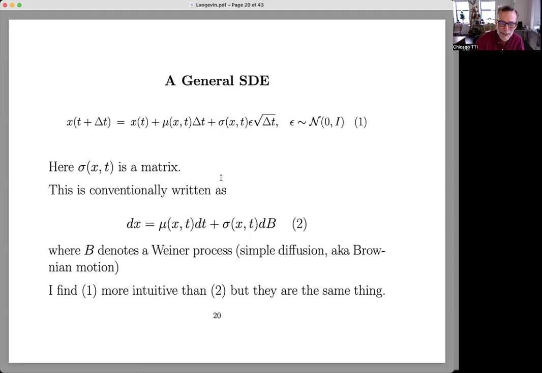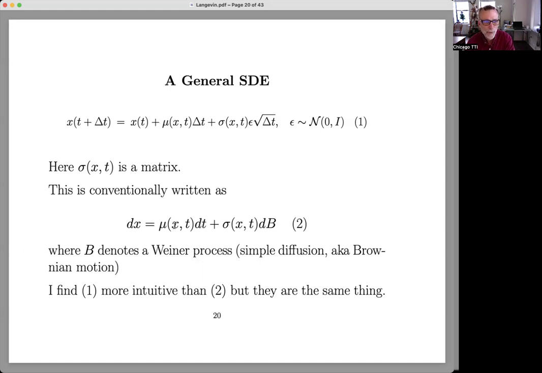I find this notation obscure. To understand it, I write it this way and realize that this dB term is sort of infinitely larger than that dt term. That's hard to think about. So if you think about it in terms of a finite step, this term is arbitrarily larger than that term.